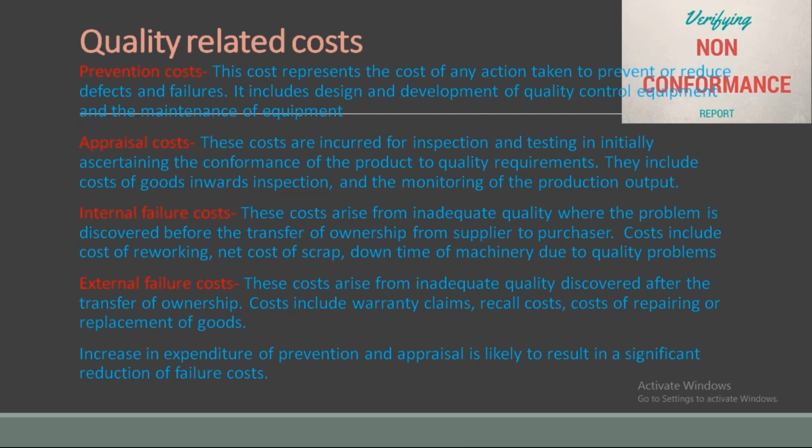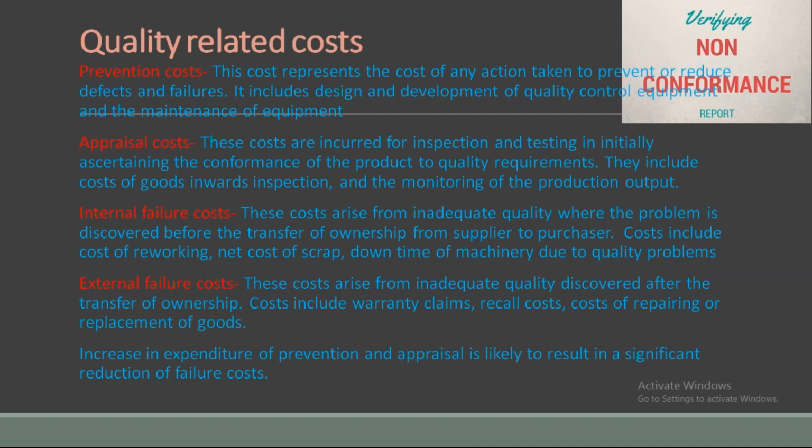So any increase in expenditure on prevention and appraisal is likely to result in a significant reduction of failure. Get the right material, get the right people, work through the right structures, you will not have too many internal failures, you will not have too many external failures. But if you don't spend enough on prevention and appraisal, your cost of internal failure and external failure can be very heavy.